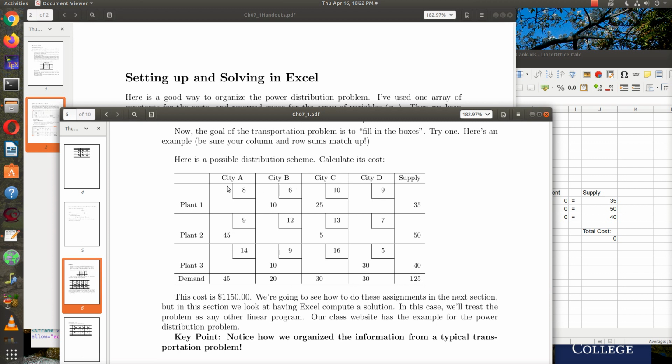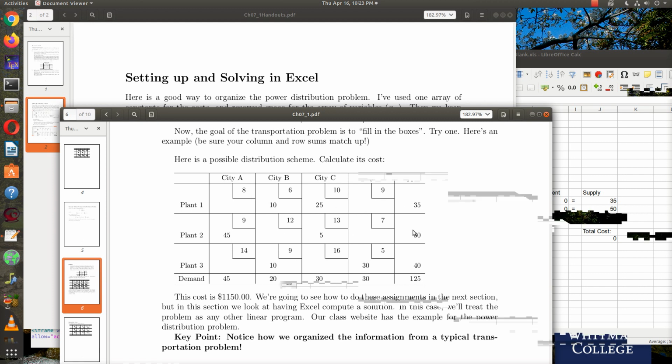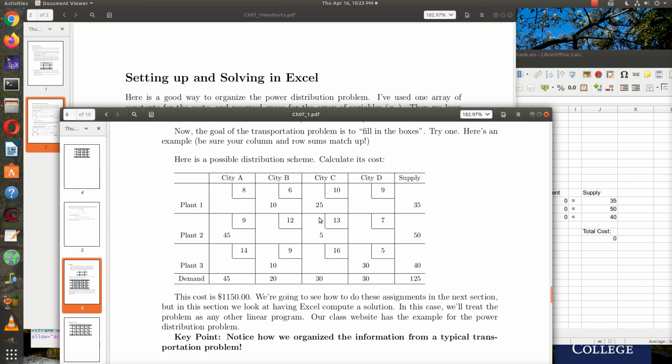I've filled in a sample distribution, so the blanks would have 0 being sent, and we're matching up all of our demands going down, and across we're also matching our supplies. So this is a nice balanced problem with a specific cost, and we want to try to use Excel now to solve this problem.